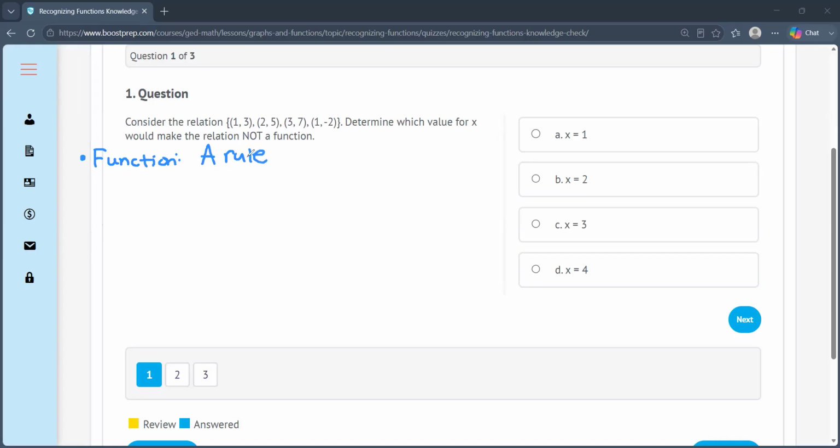Let me write out the dictionary definition of a function, a rule that.